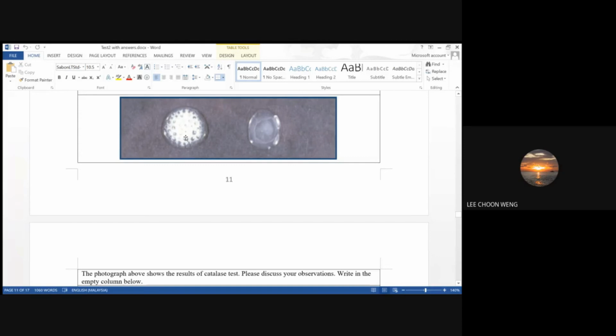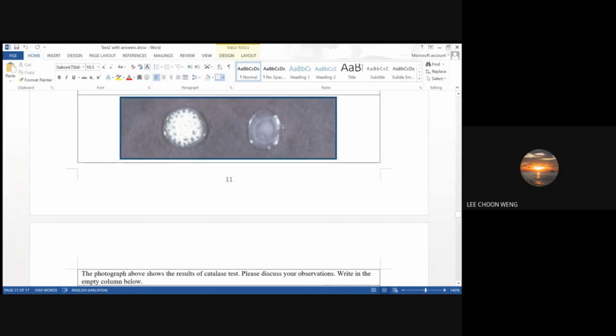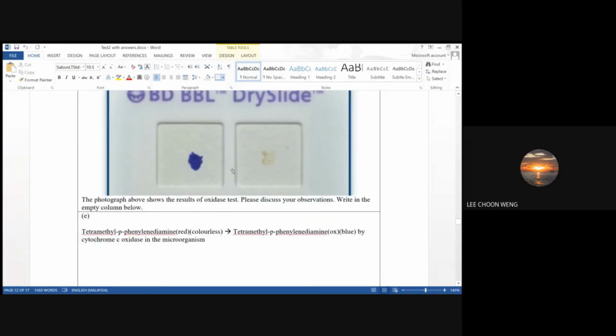And if you see bubbling, that means the organism has catalase. It's able to react with the hydrogen peroxide and form oxygen. Here is negative. This is the oxidase test. You can see that this is the reagent.